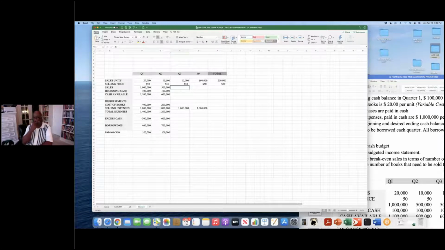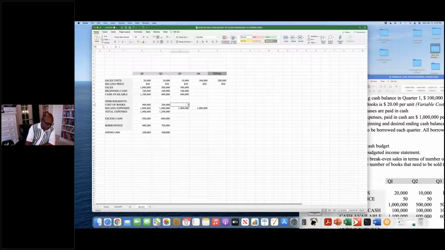Still the same number in quarter 3. Quarter 3 will be the same as quarter 2 for the most part. 500,000. Beginning cash of 100,000. The books are gonna cost us what?